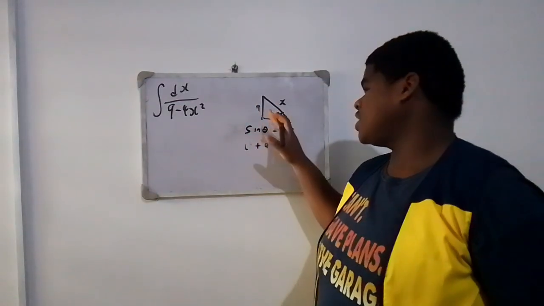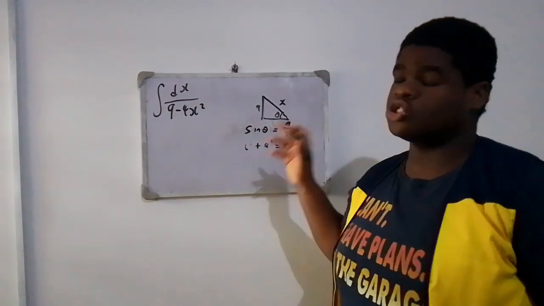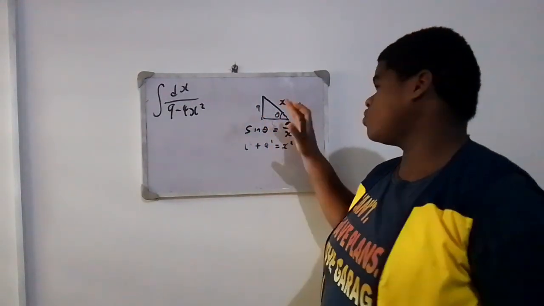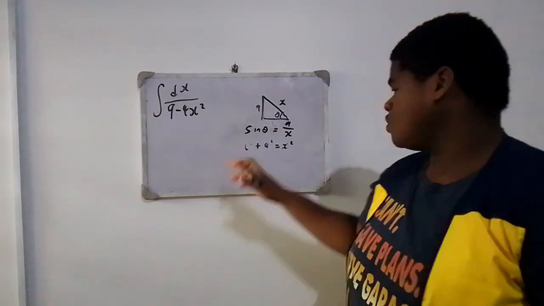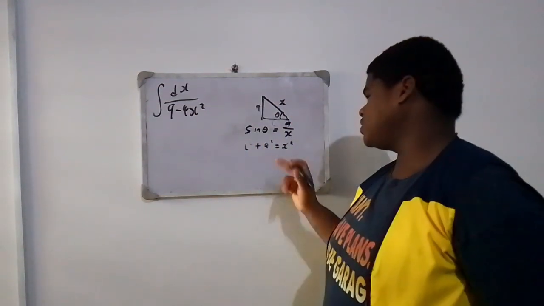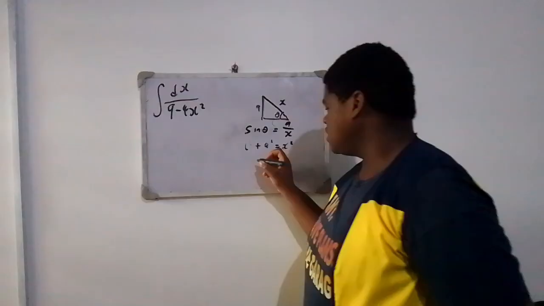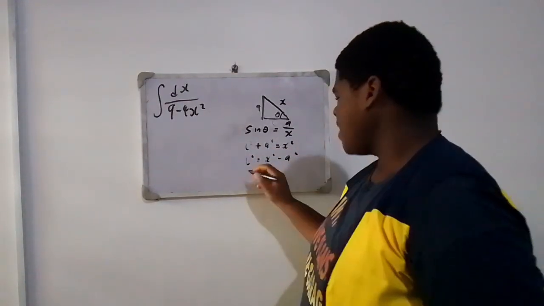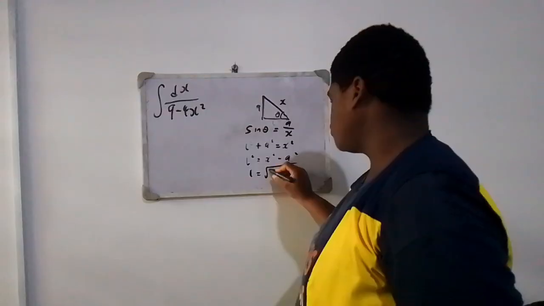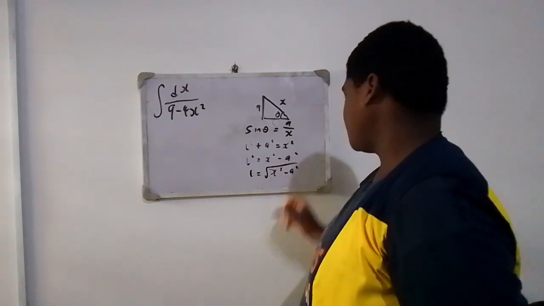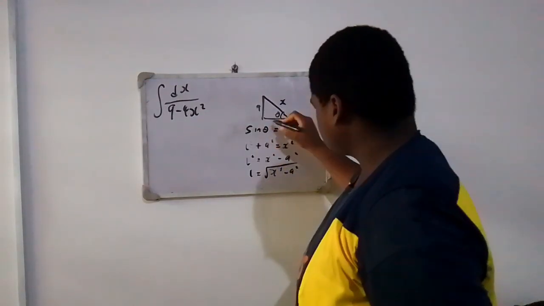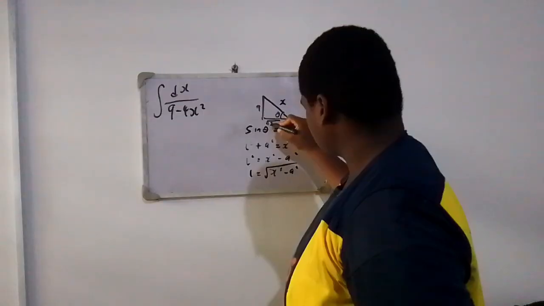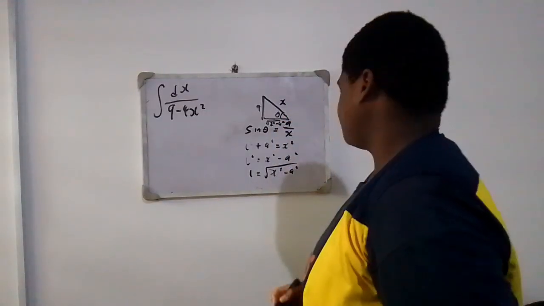The sum of the opposite and adjacent squared is equal to the hypotenuse squared. This implies that L squared is equal to x squared minus a squared. And finally, L is equal to the square root of x squared minus a squared. So here we have the square root of x squared minus a squared.